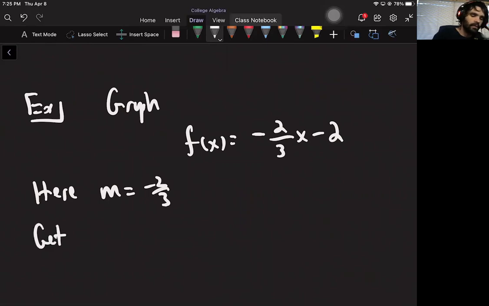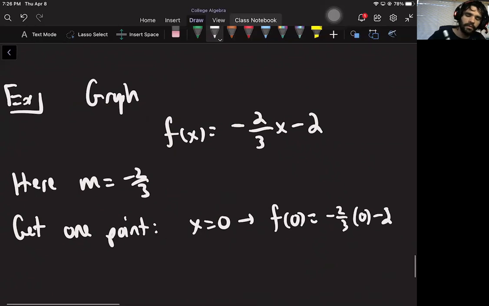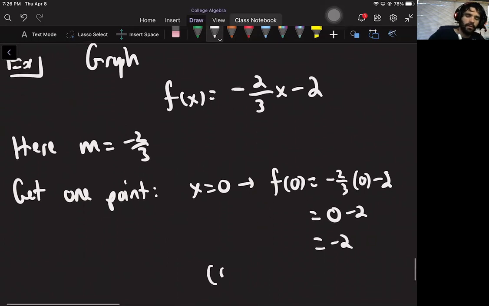We're going to get 1 point like before. Our favorite number is 0. We just plug that bad boy in because anything times 0 is 0. I don't have to deal with fractions so much. That just is a big old 0. Minus 2 is -2. So the point is 0 comma -2.